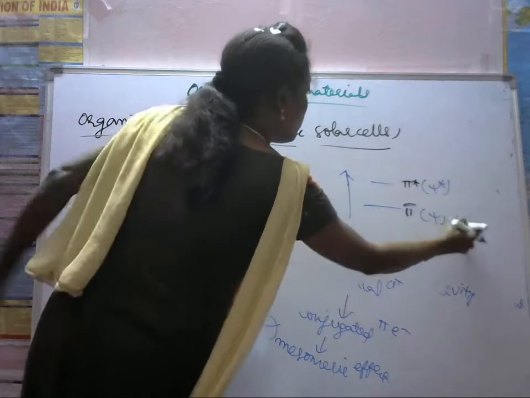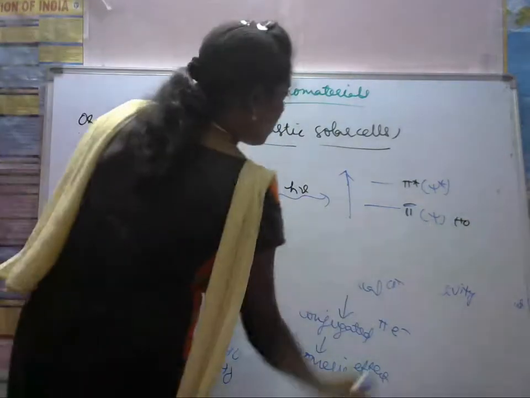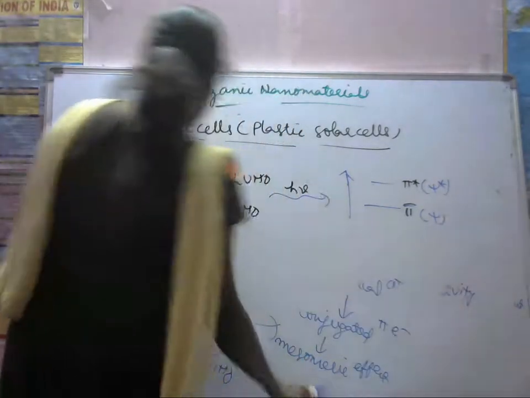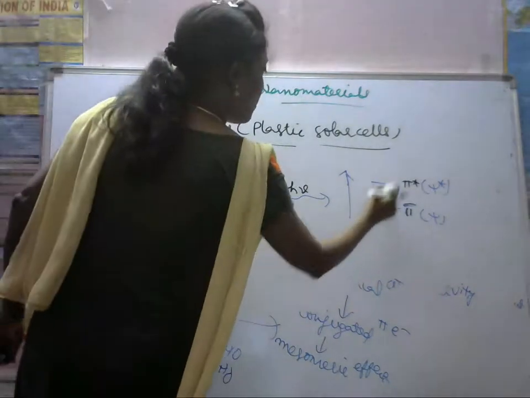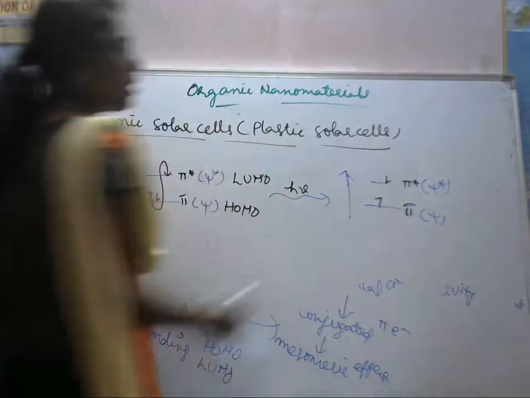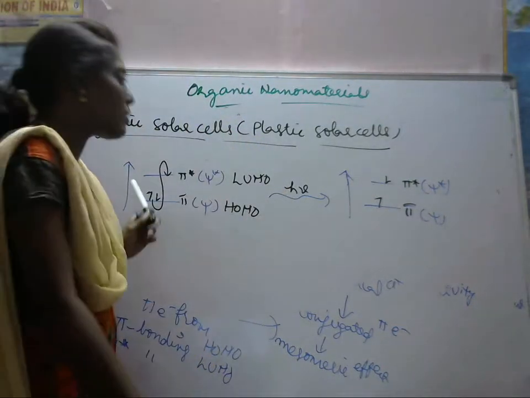We are not considering this as HOMO and LUMO because we are transferring one of the electrons, so in each level there is one electron.